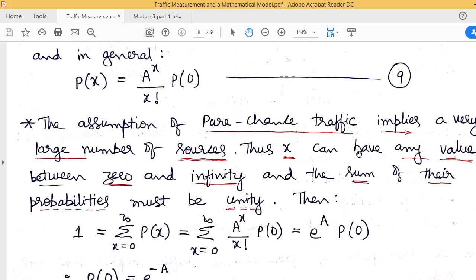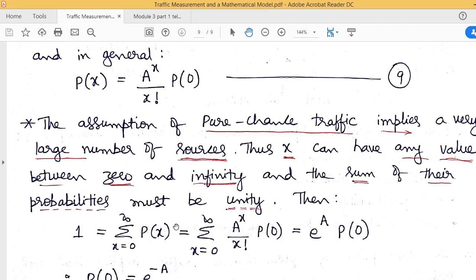Thus X can have any value between 0 and infinity, and the sum of their probabilities must be unity. So if I sum the probability of having any number of calls, I should end up with value 1. So 1 should be equal to summation X varying from 0 to infinity P of X.